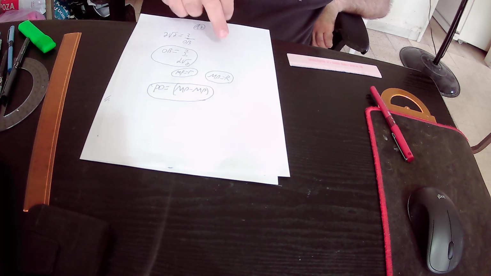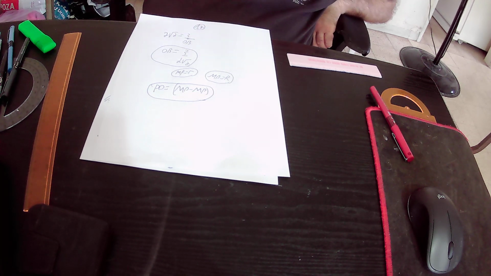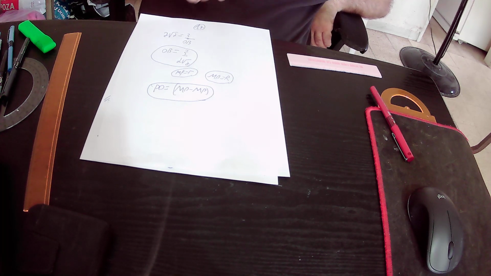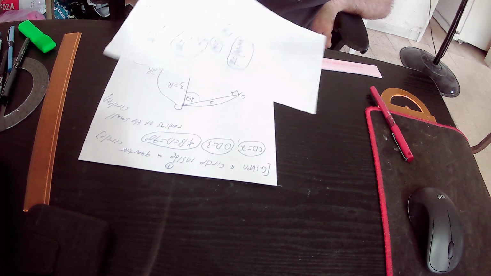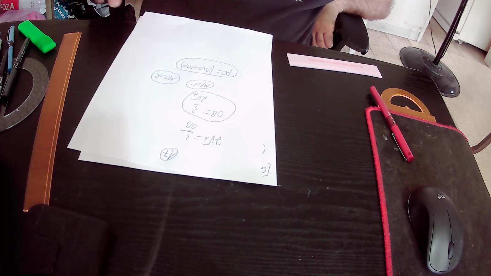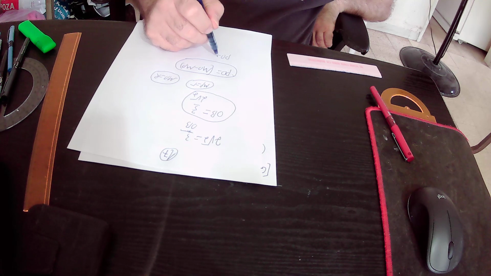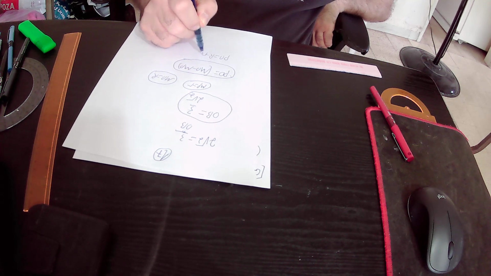But we have already found out that MO is the radius of the semicircle and MP is the radius of the small circle. So we can write down that PO equals capital R minus small r.